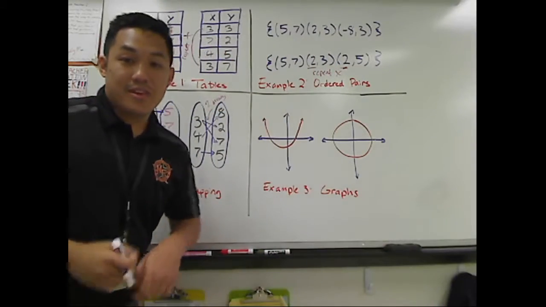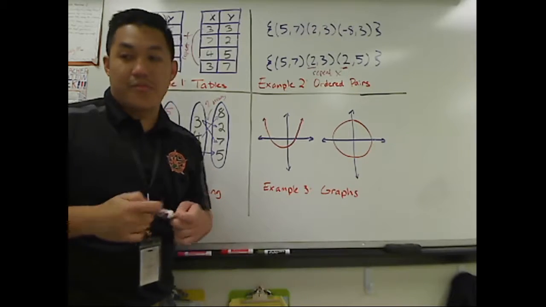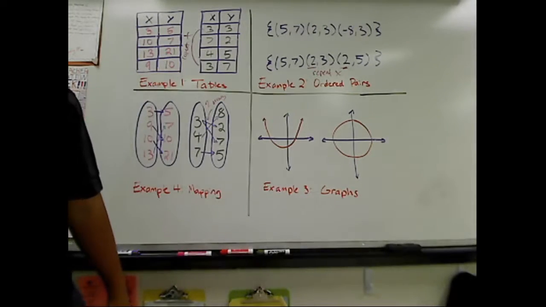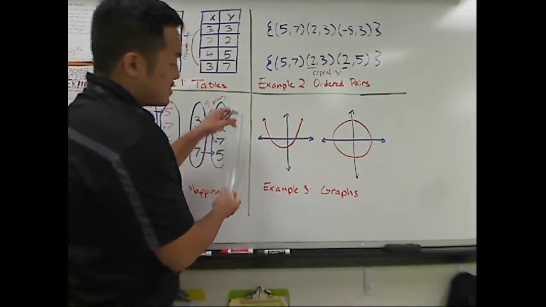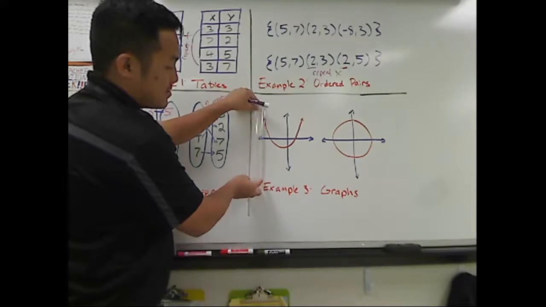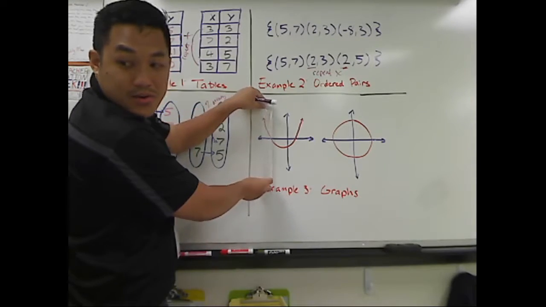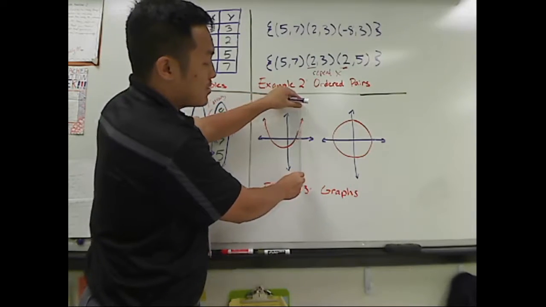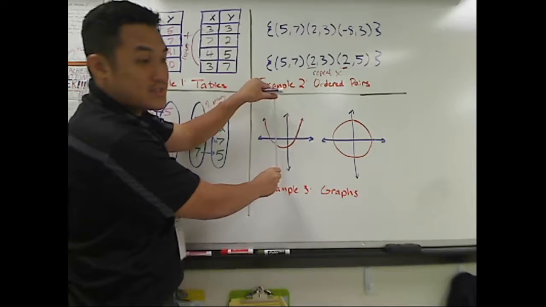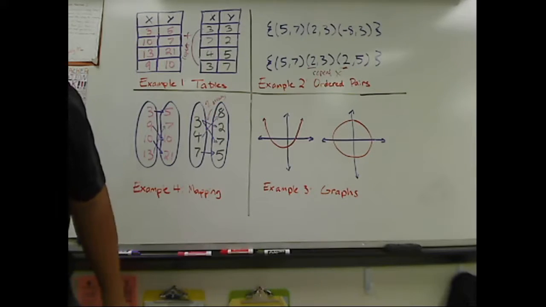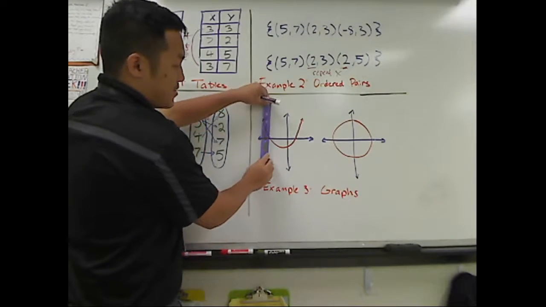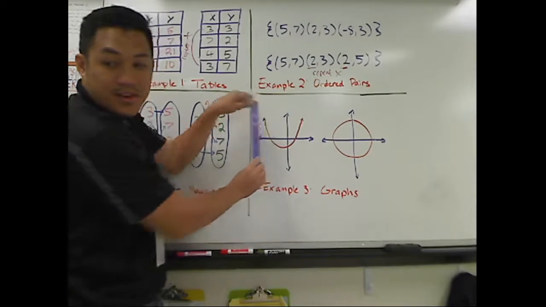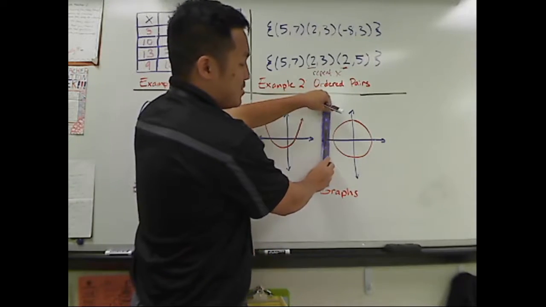Lastly, the graph. I know you've heard this, but we're going to use what's called the vertical line test. I've got a ruler here. If I go across this as a line, you will only touch one part of the graph. This graph is good. Let me use another color. What if I go here at a circle?